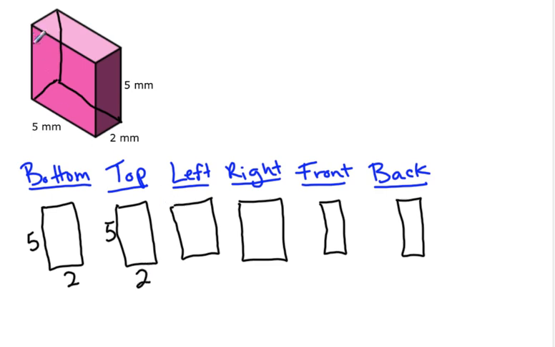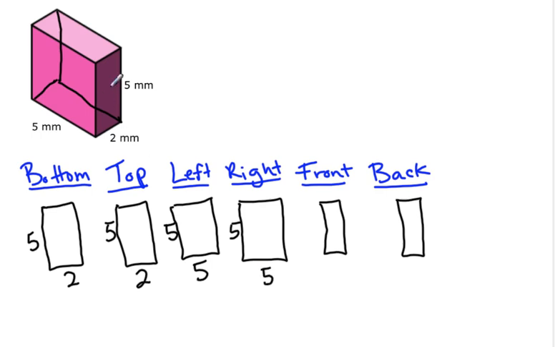The left-hand side, we're going to look here for our height, and the lines parallel with that give us 5. And this way is our base, and that is also 5. And on the back side, that's the right, that's 5 by 5 as well.